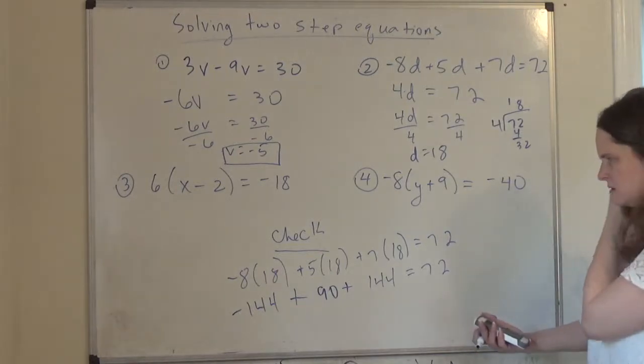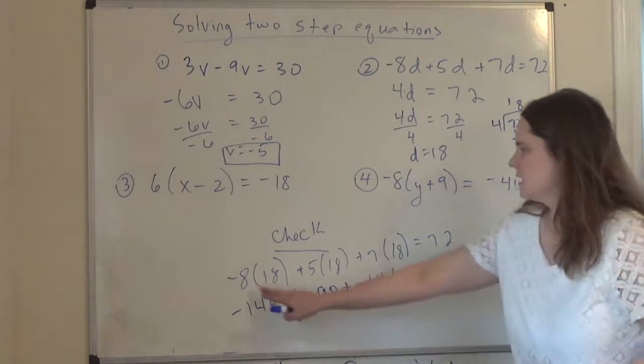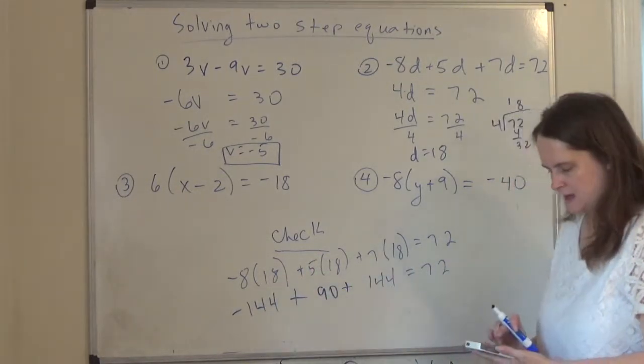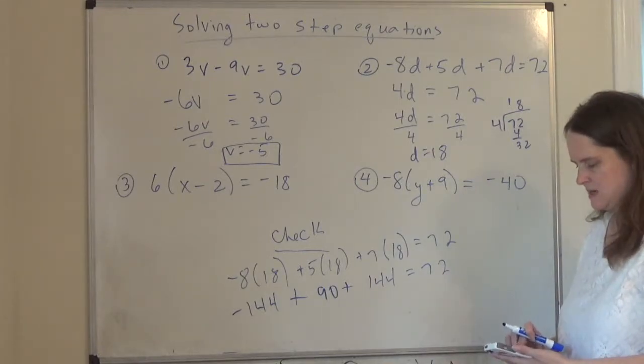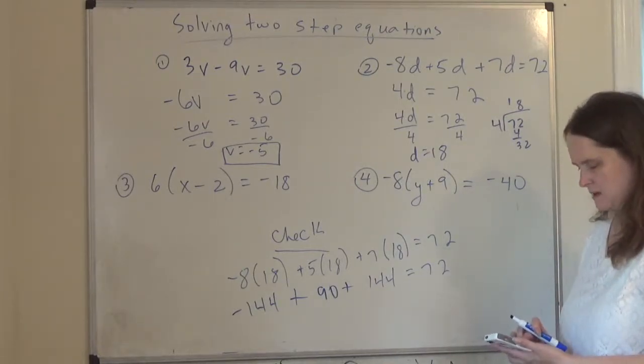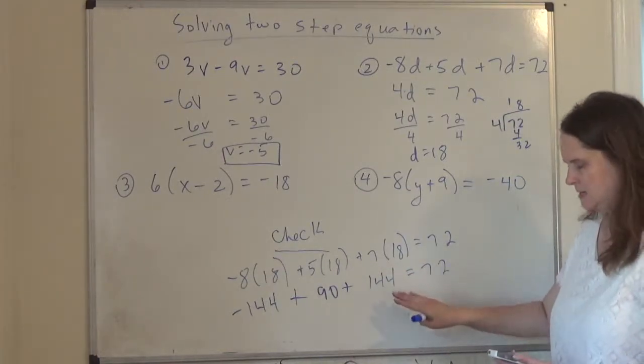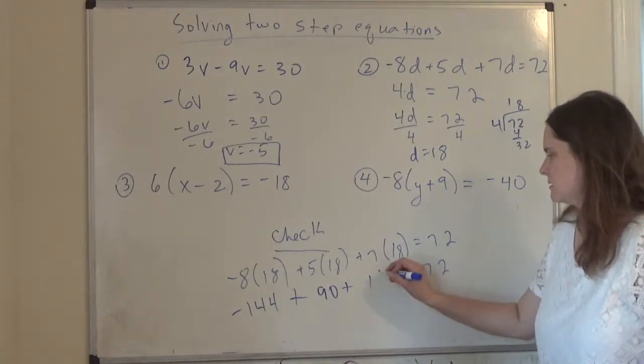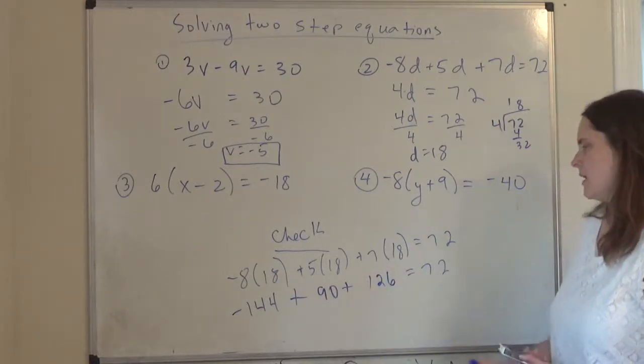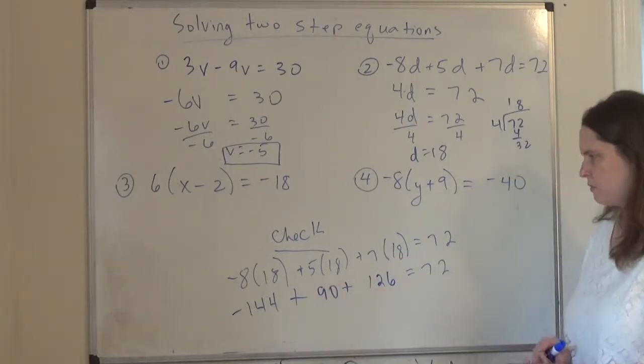Oh, it's either here or here because I got the same number. So 8 times, I bet I just hit the wrong button. 8 times 18 and 7 times 18. One of those. Okay, 7 times 18 is 126. Hopefully you got that. And then left or right, I need negative 144 plus 90.